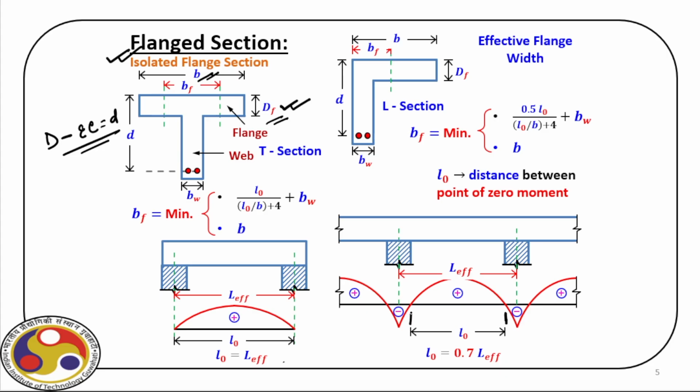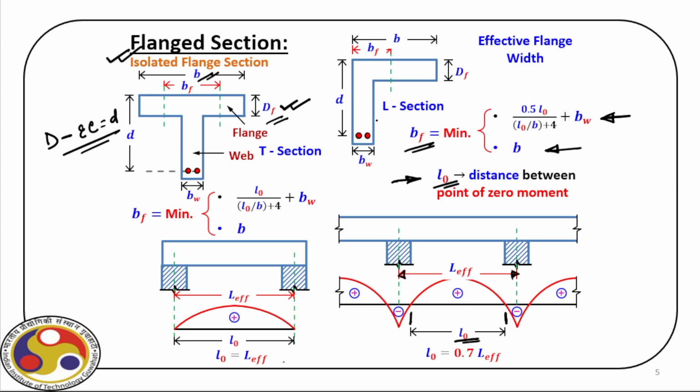So this is the L0, which is 0.7 of L effective. L effective is again the distance between the center lines of the supports. So we can now figure out what is L effective or L0, and then once we find L0, we can find out the minimum of these two, and that will give us the effective flange width. In case of an L section, we have these two conditions, and the minimum of these two will give us the effective flange width.